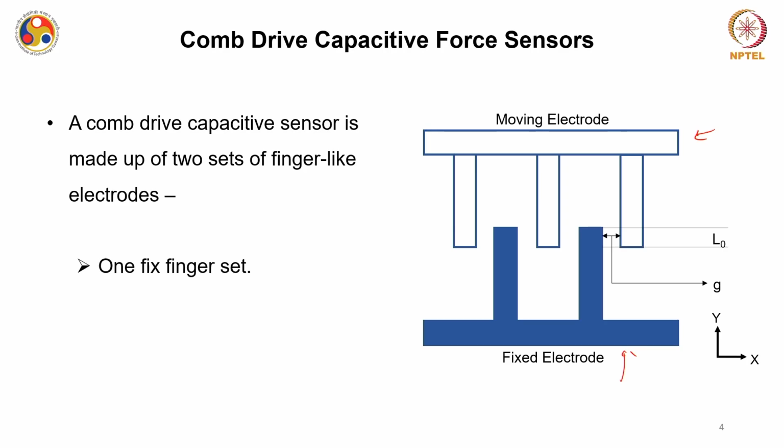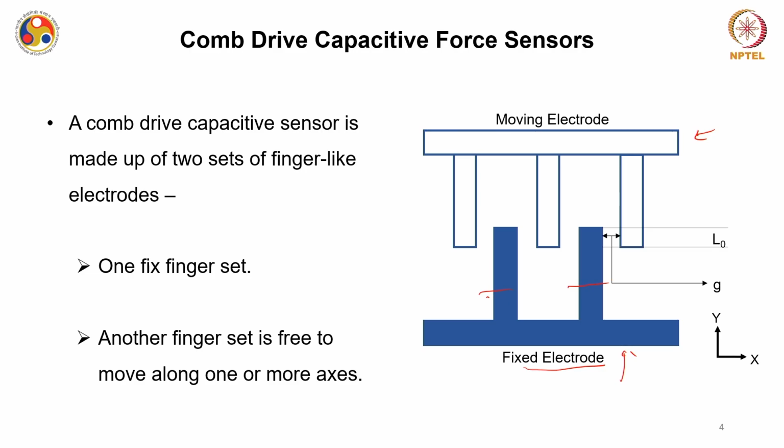As the name suggests, the fixed electrode has fixed finger sets, so the fingers of this electrode are fixed. The other finger set, of the moving electrode, is free, and it moves along a single axis, or sometimes it can move along multiple axes.